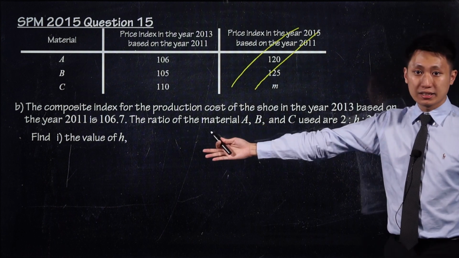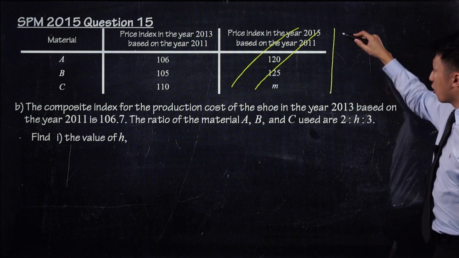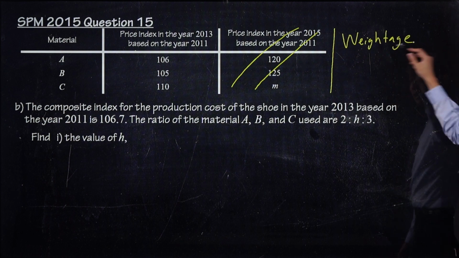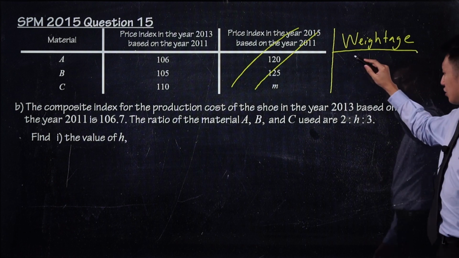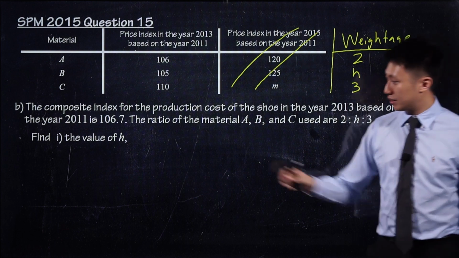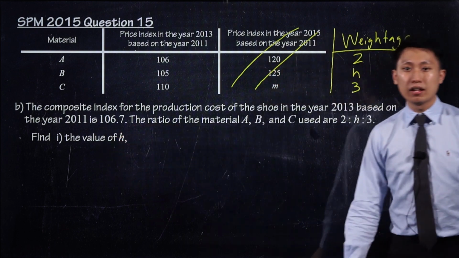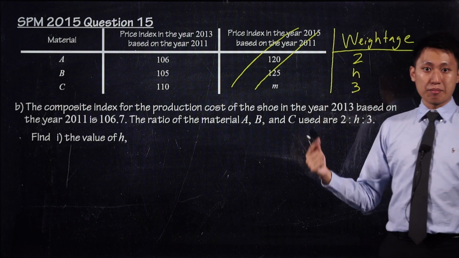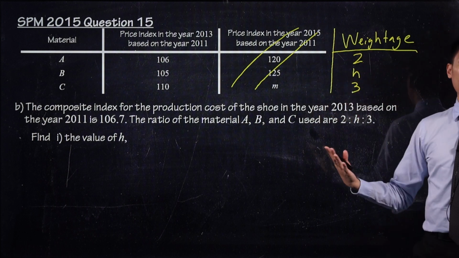So you're going to find H. Means that here you have one more column. This is weightage. Okay, and hence, then this is 2, this is H, this is 3. And it tells you that the composite index is 106.7. So what you can do? Multiply, multiply, multiply. Then divide by total weightage, then get an answer.